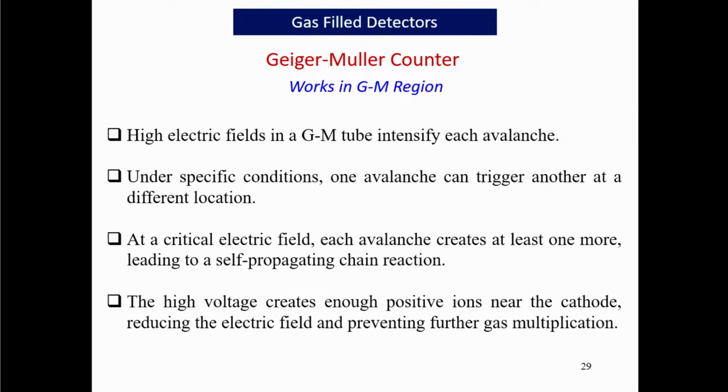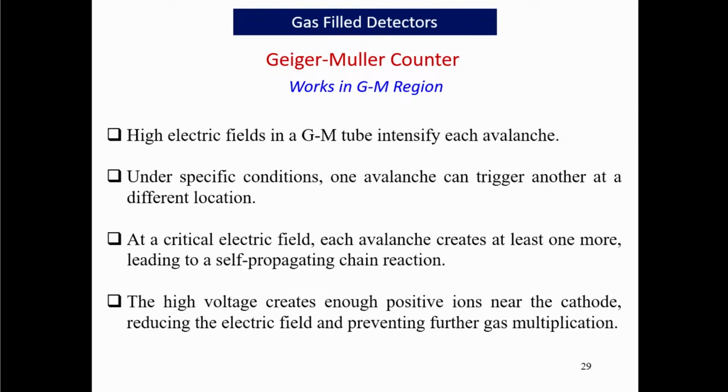Each avalanche may again create secondary avalanches, so under specific conditions one avalanche can trigger another at a different location. For GM, the proportionality condition is no longer met; at a critical electric field each avalanche creates at least one more, leading to a self-propagating chain reaction.